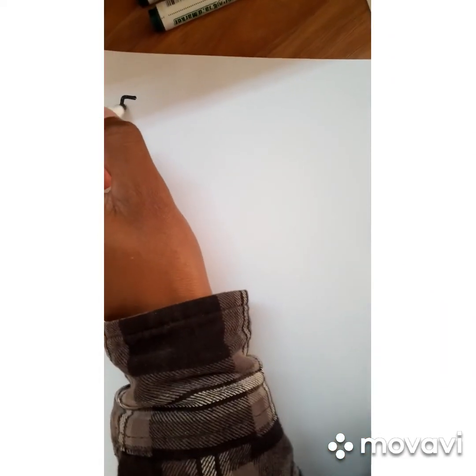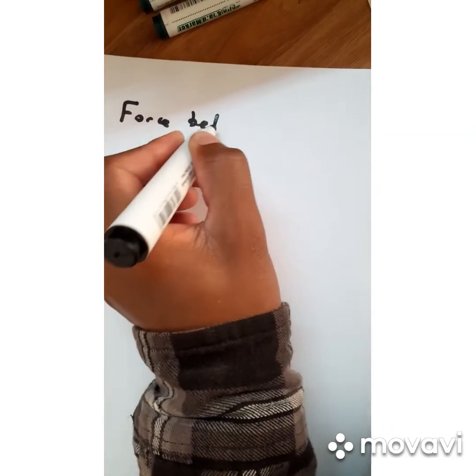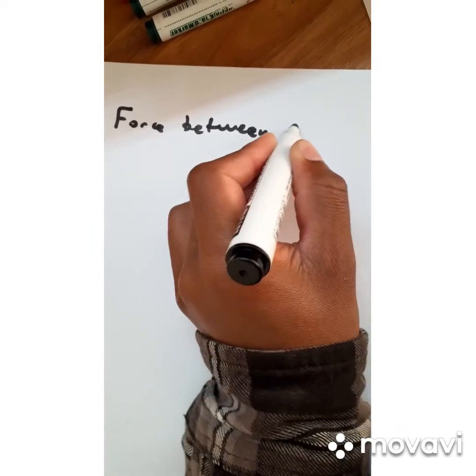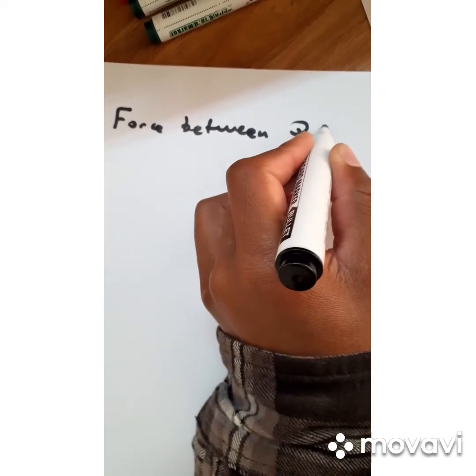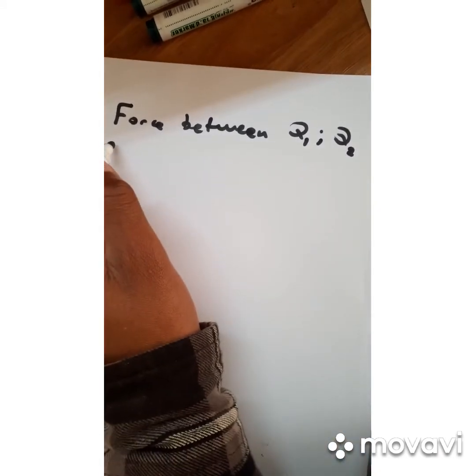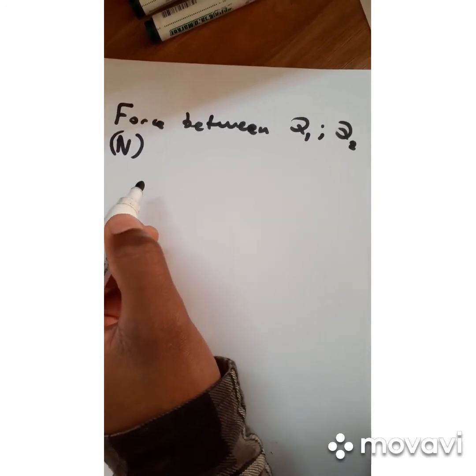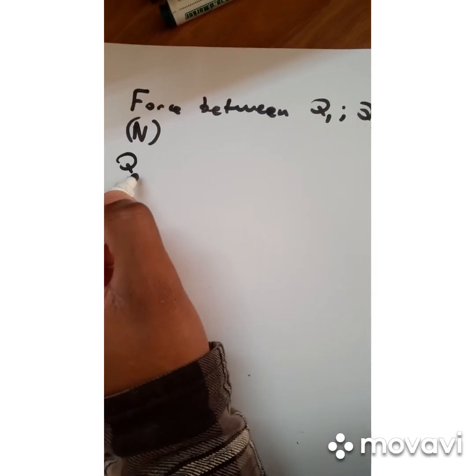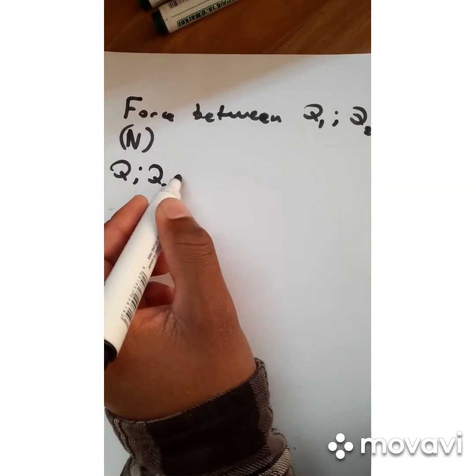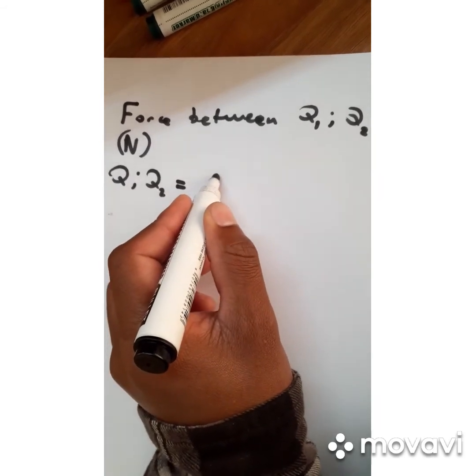We said the force between charge 1 and charge 2 is measured in newtons. And then charge 1 and charge 2 are measured in coulombs.